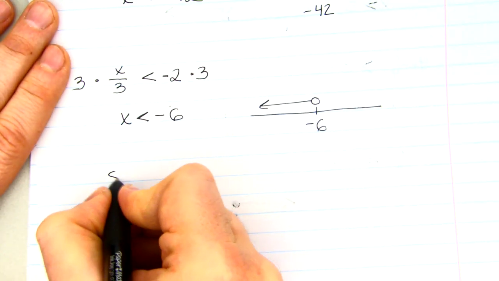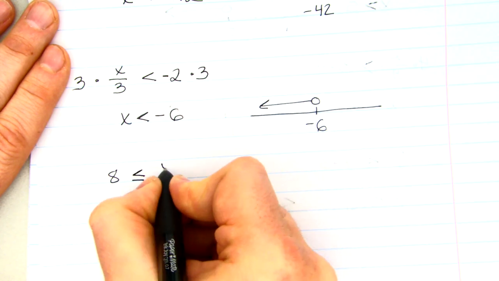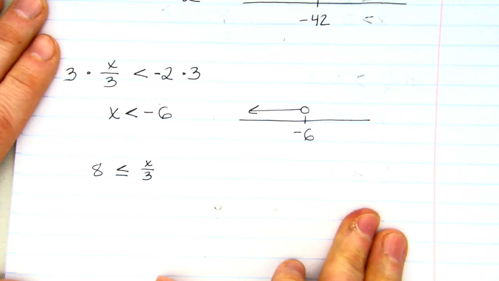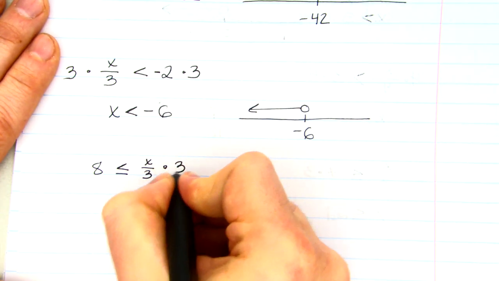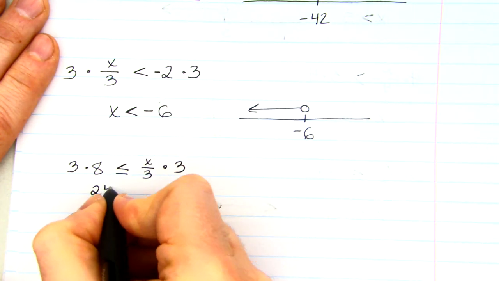I can put things on the other side. I can say 8 is less than or equal to x over 3. So we're going to multiply both sides by 3. No flipping anything yet. We're multiplying by a positive number.